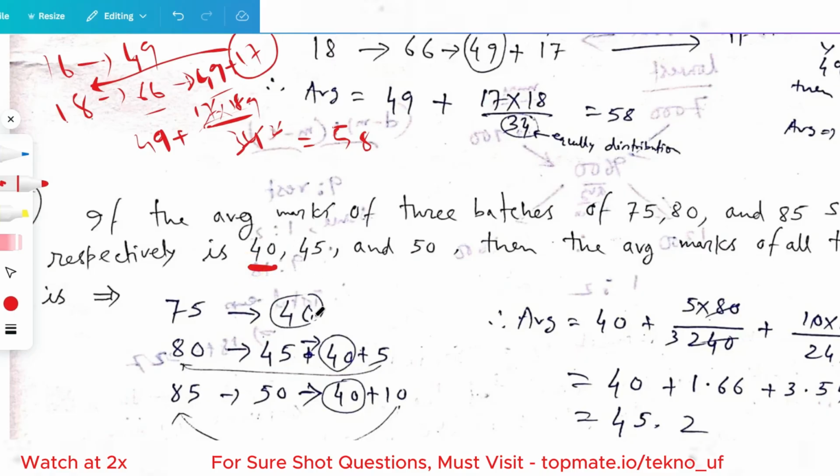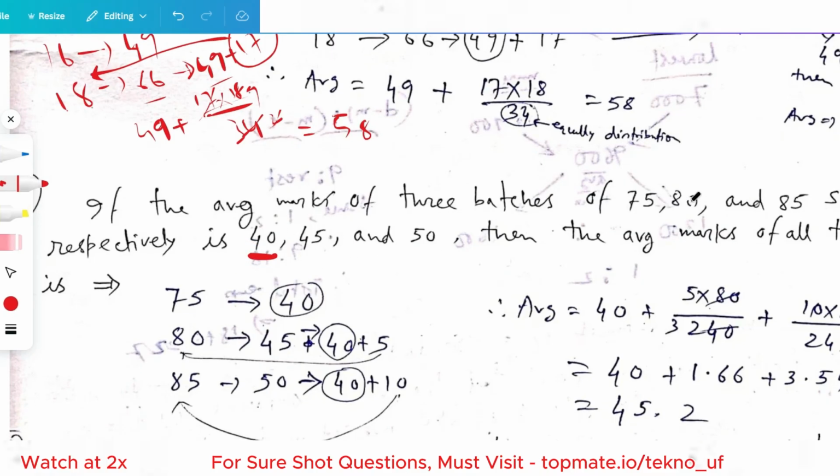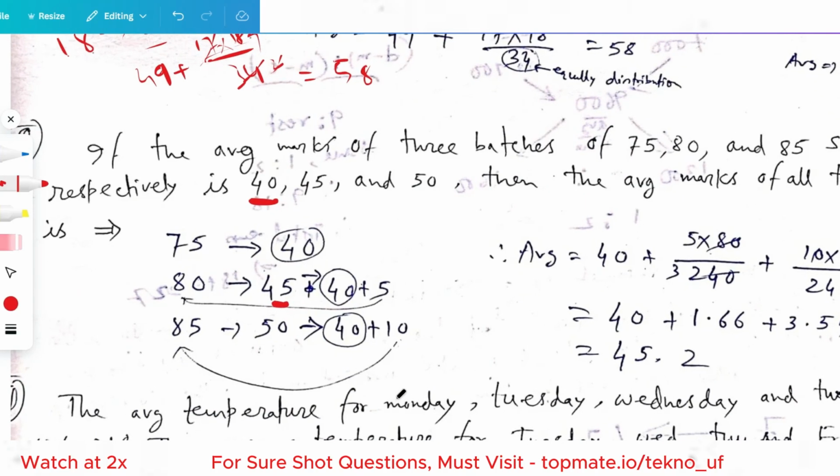So consider this at first. Then for 80 students average is 45, and for 85 the average is 50, right? So write the 45 in such a way that 40 comes, so 40 plus 5, then 50 should be written as 40 plus 10.